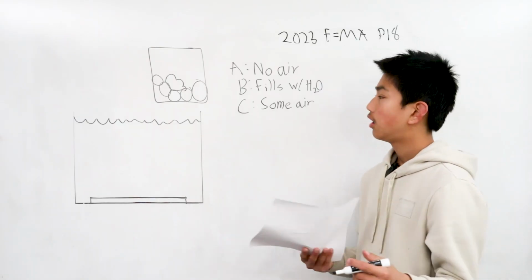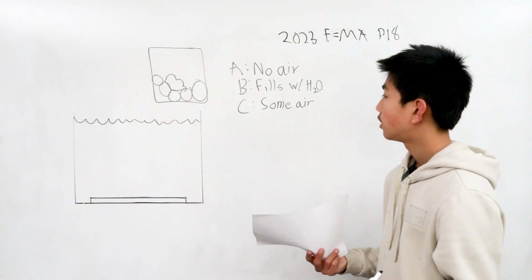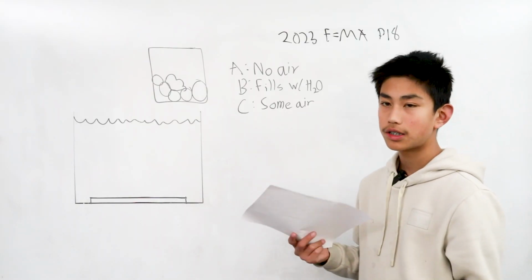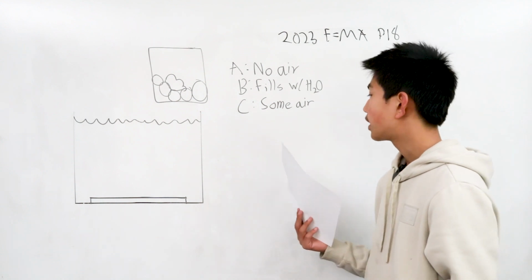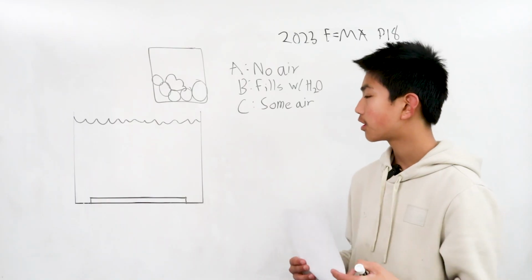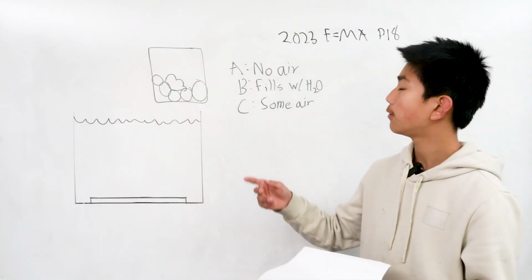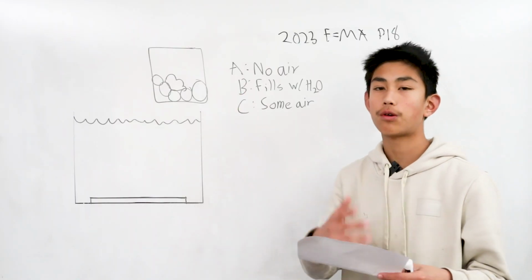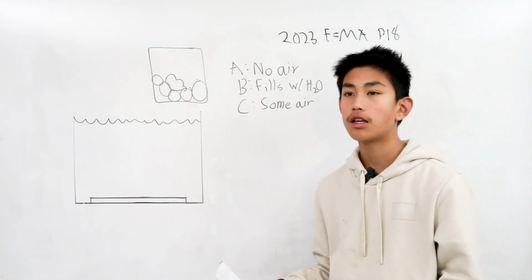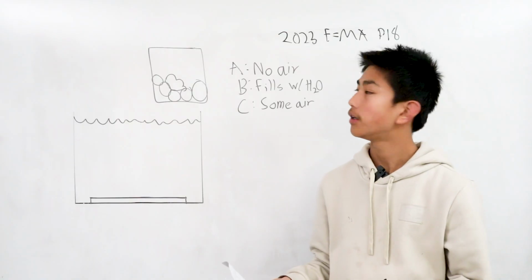We know that for Carol, it's going to be the lightest bag of rocks because it contains some air in it. Air is less dense than water. So when you put a bag of rocks with a bit of air in it, that air is going to cause it to lift up a little bit.